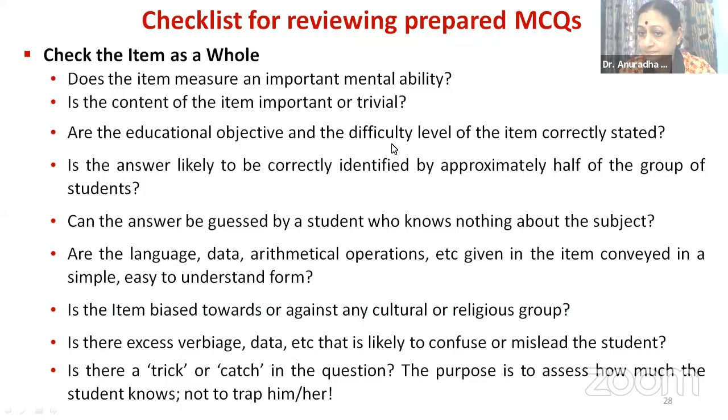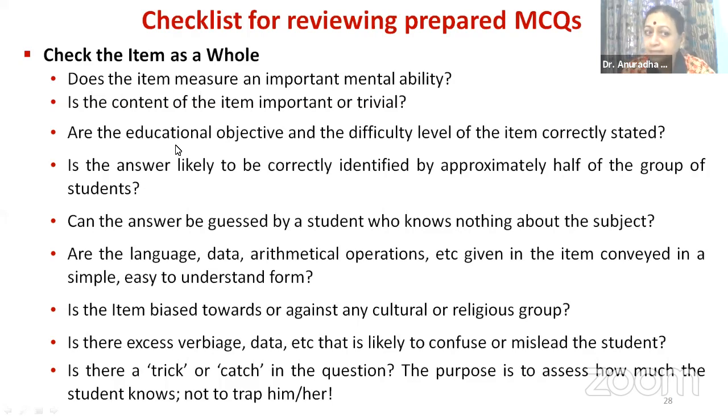by the students? And it has been shown by research that normally in a test, items which have say about 50% difficulty level, that is, 50% of the students would be able to answer that item correctly, those items, if they're included in a test generally, give the maximum discrimination between the well-prepared students and the not so well-prepared students.